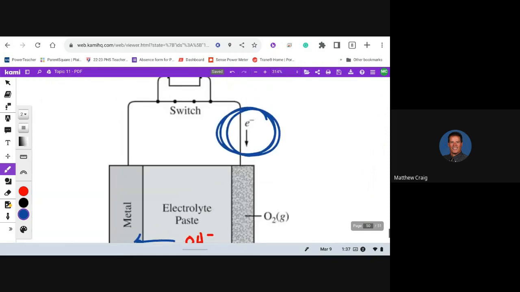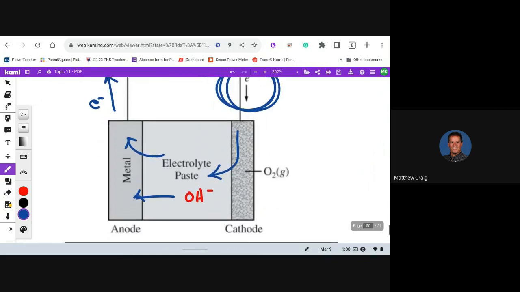So that the charge on electrons is negative. So we want to keep the flow, the negative flow, moving in this direction. So it is a clockwise flow. So the electrons move up the wire to the right and down, and then the hydroxide must flow toward the left.